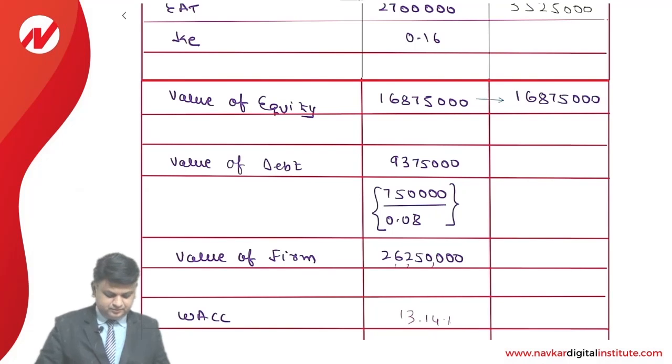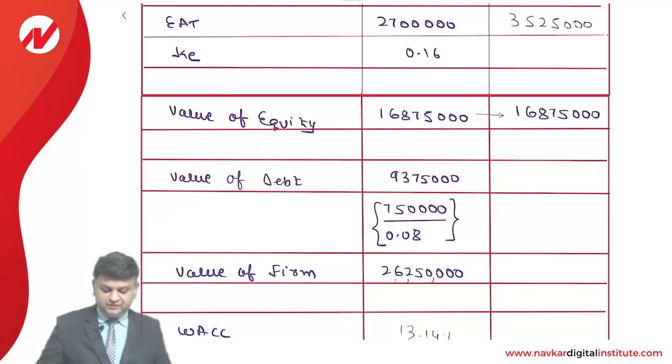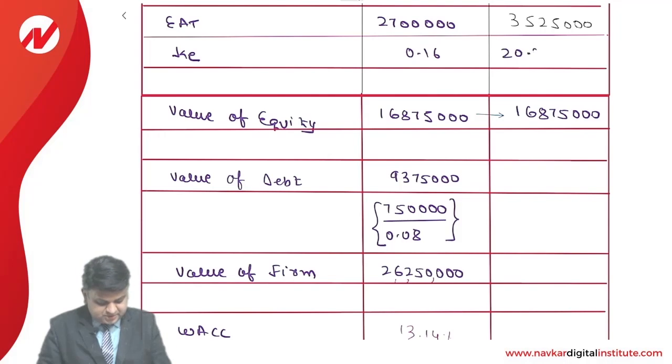1,68,75,000. So now what will happen? 35,25,000 divided by 1,68,75,000 into 100 for getting the answer in percentage terms, 20.88888. So it is 20.89%. Okay.